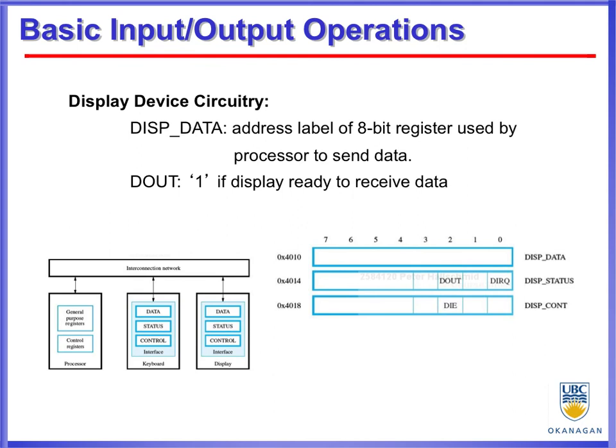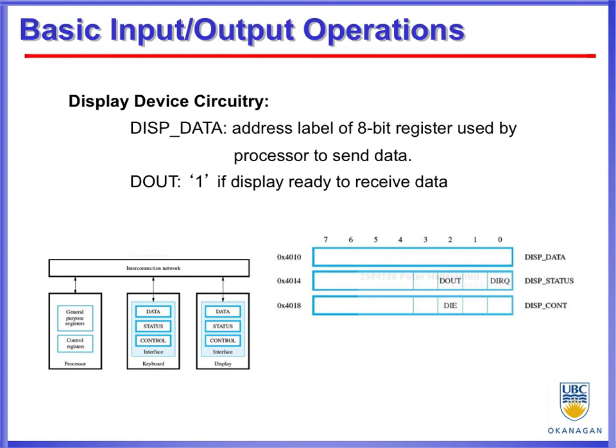So you can use all of your load and store instructions in your program to go and read what's there. And same thing, there's going to be a particular bit, maybe bit 2 of the status register, that is going to indicate whether the display is ready to receive more data or not.